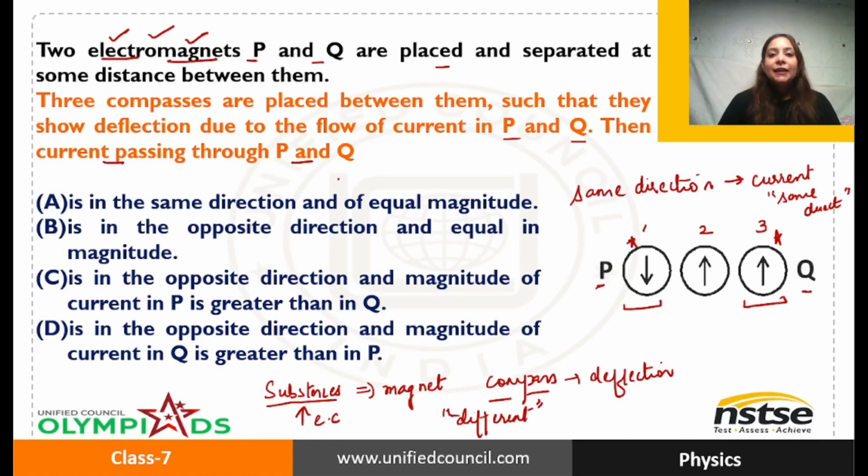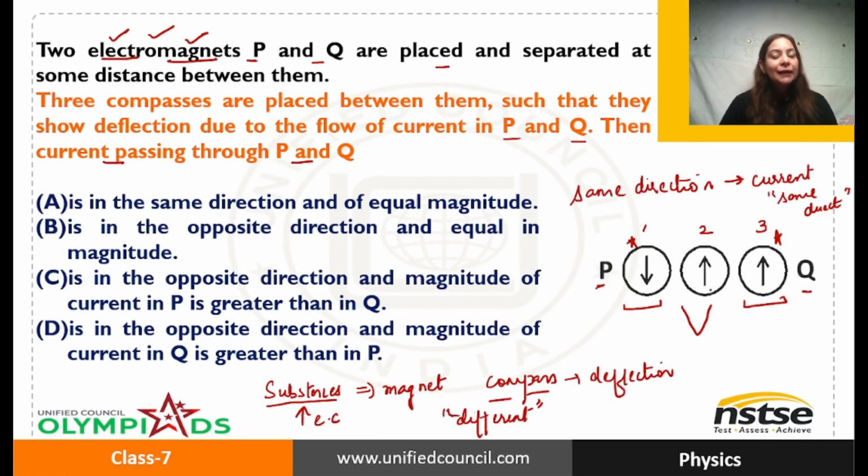The second thing is which of the two has more magnetic field. Is the magnetic field similar for both of them, or does one of them have a higher magnitude of magnetic field? To judge that, we have another magnetic compass placed between them, that is compass 2.